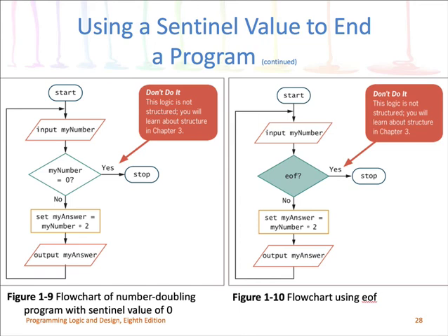If you're reading numbers from a file, you can say, did I hit end of file? If so, then terminate my program. So with what we know right now, what little we know about pseudocode and flowcharts, this is an acceptable thing to do. But when you learn about syntax of programming languages, it'll be structured a little bit differently.